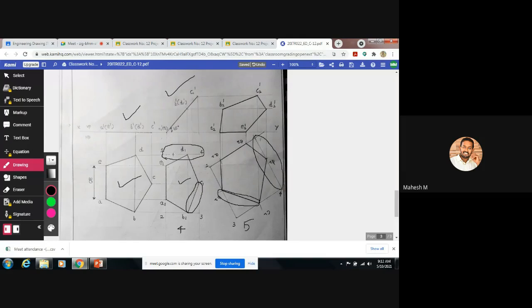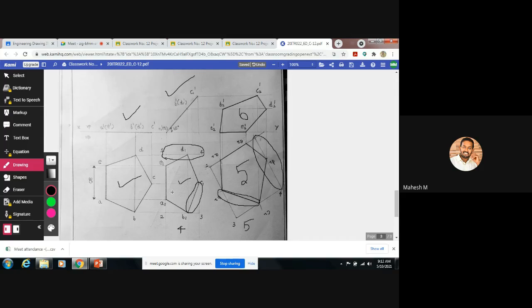So here 1 and 4 is having a shorter length, and here it is having a very longer length when compared with the previous diagram. So the fifth diagram is totally wrong. So if the fifth diagram is wrong, the sixth diagram will also be wrong. Okay. So in the fourth diagram, you have to draw it as it is, without a change in a dimension.